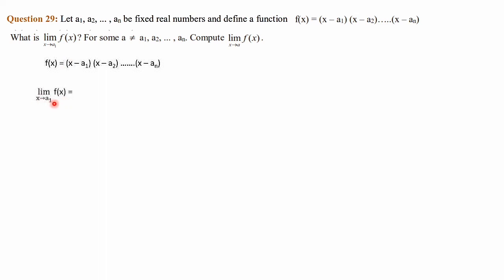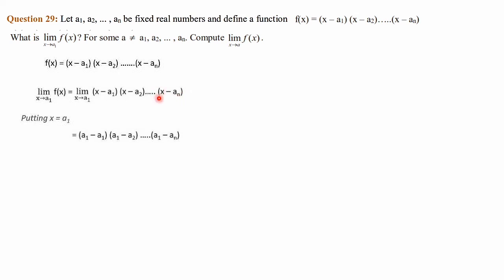Limit x tends to a1 f of x, we have to substitute, that is x minus a1 into x minus a2, etc. into x minus an. It's quite simple here, just replace x and put a1. When you replace x with a1, that is a1 minus a1, then here also replaced with a1, that is a1 minus a2, etc. into a1 minus an.